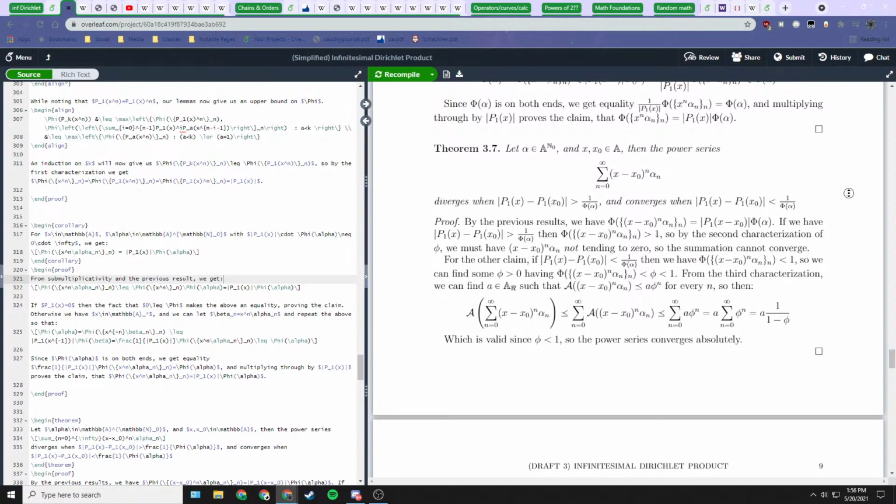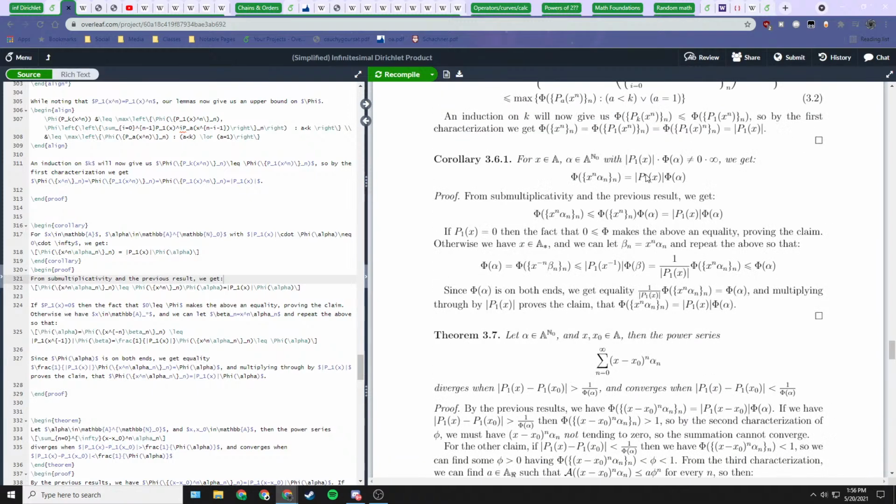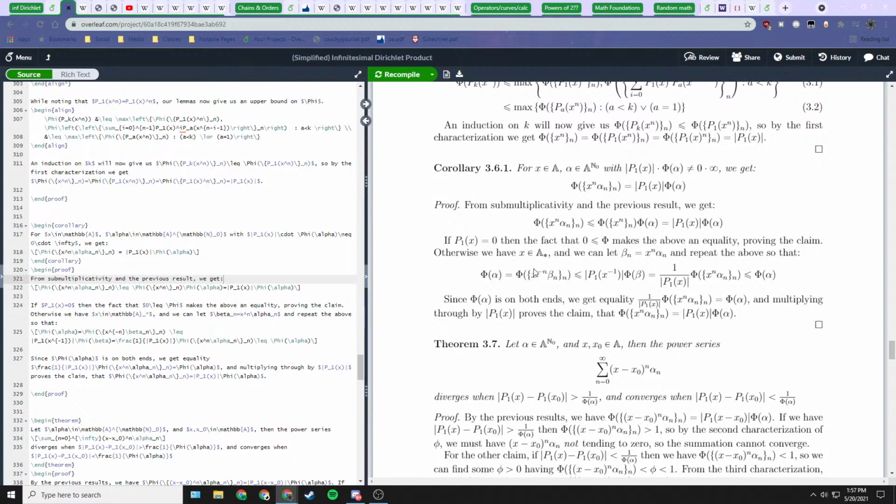So we get this sub-multiplicativity condition equals this. If p1 of x is 0, then the fact that this happens makes the above inequality, proving the claim. Otherwise, we have x in a star, and it doesn't actually matter what beta sub n is, because this will be non-zero, infinite. So we can repeat this process. We get this is bounded by that, which is just this, and that's bounded by this. And then we're done. Okay, so this all checks out.